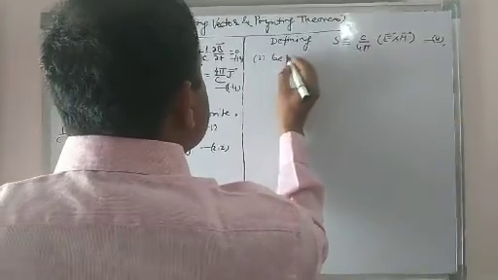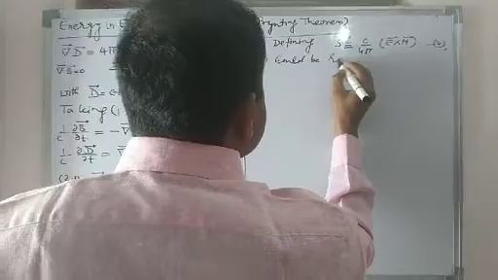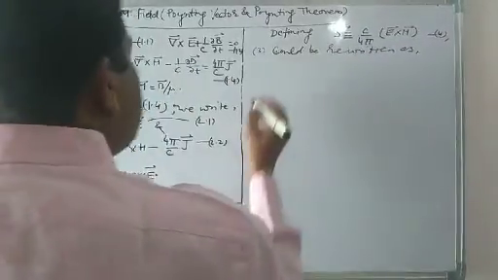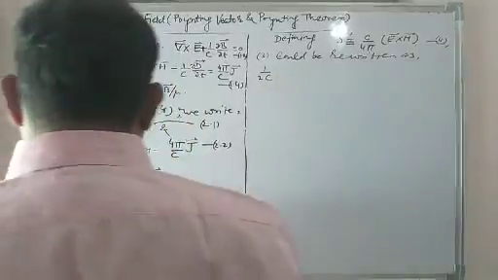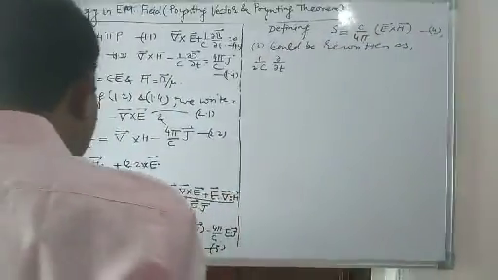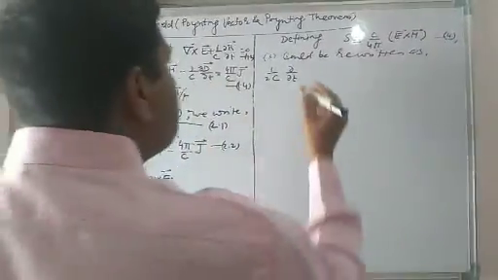3 could be rewritten as 1 over 2C del over del T of what is this thing? This is nothing but the energy density, xi.